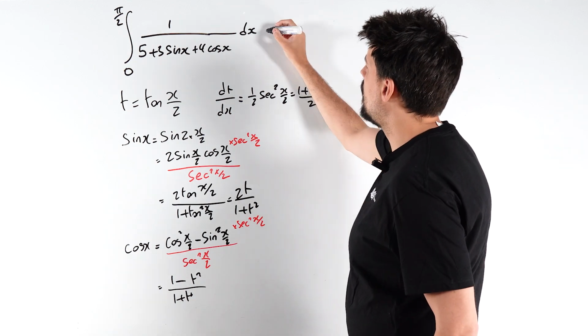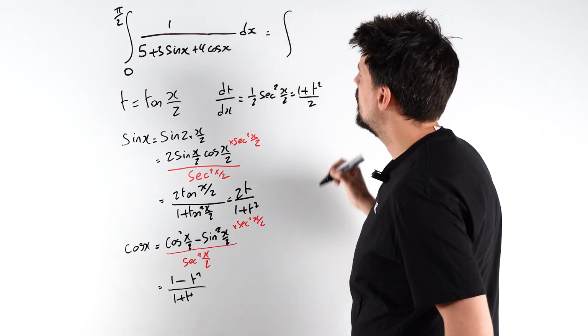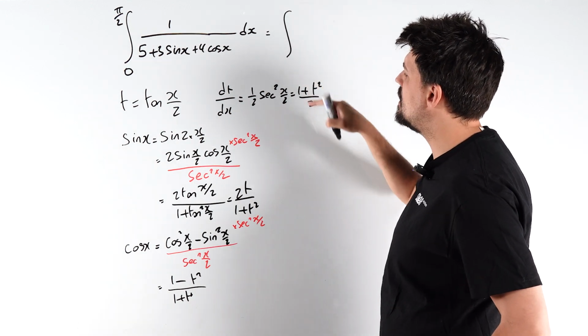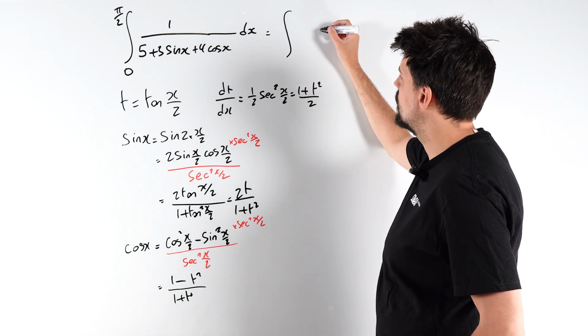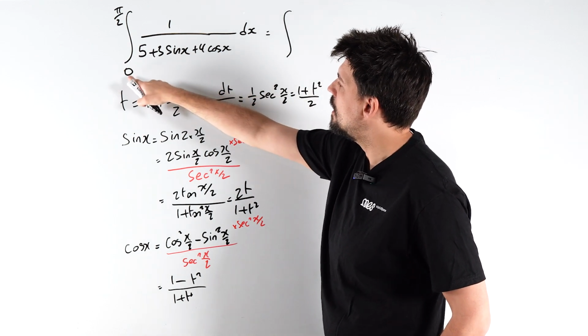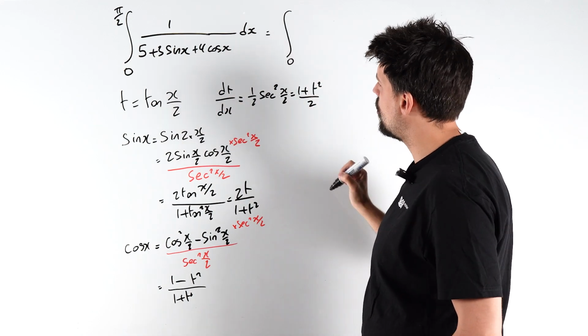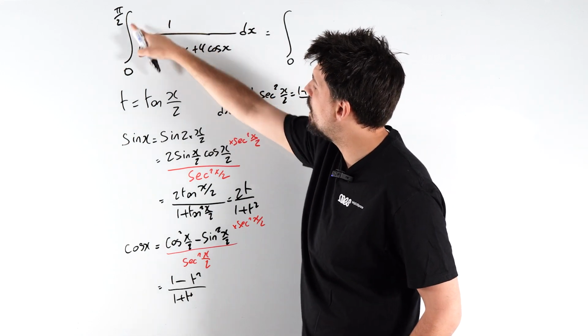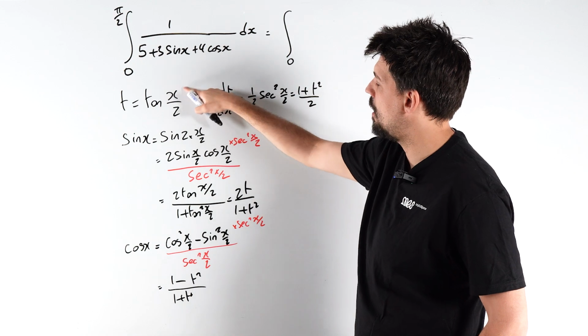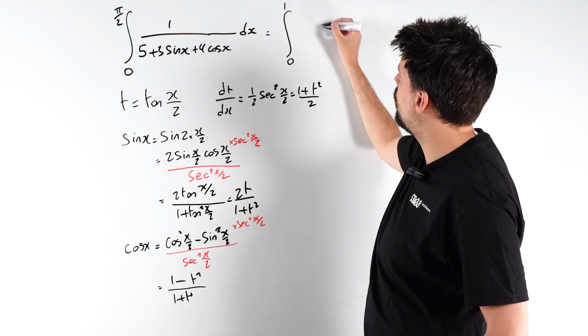So what does this thing become? Now we'll deal with these in a second. Well, actually, we can do it straight away. If x is 0, t is tan of 0, which is 0. If x is pi over 2, t is tan of pi over 4, which is 1.